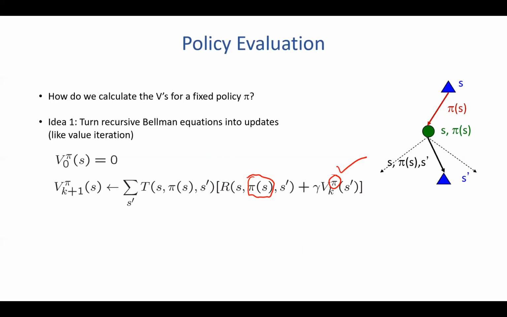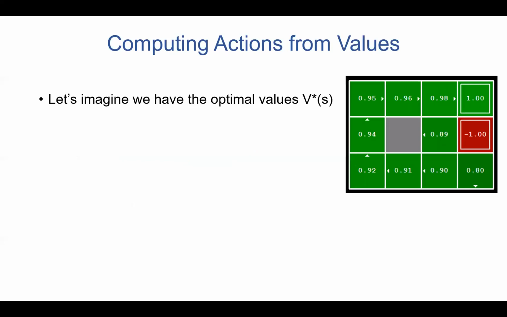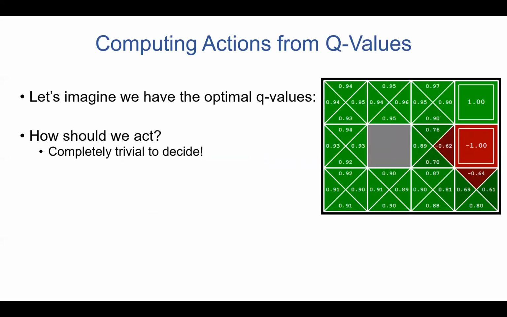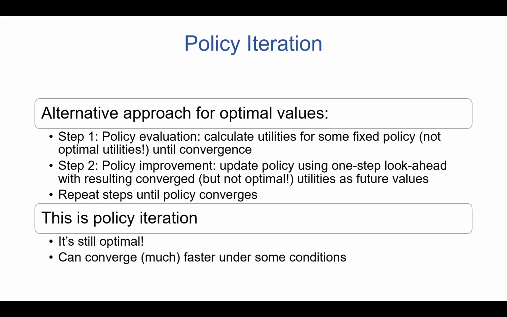I wanted to get to the policy. I have already mentioned the complexity or efficiency. I wanted to get to the policy extraction part, and I wanted to show you the policy iteration.